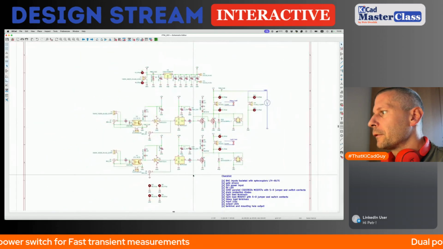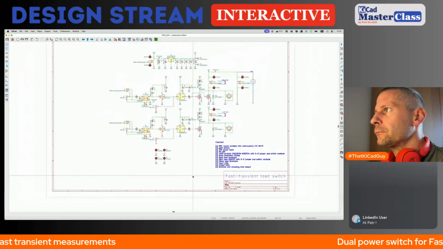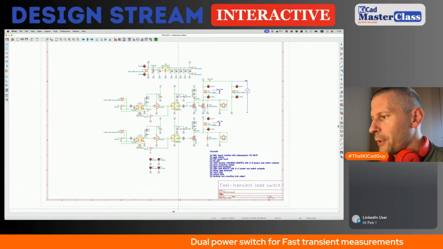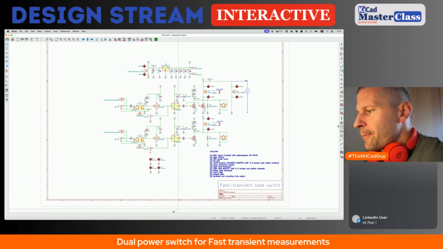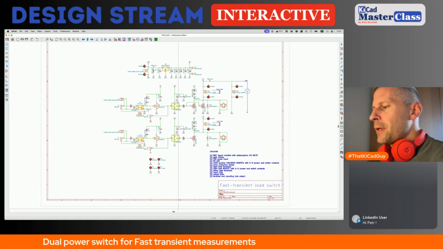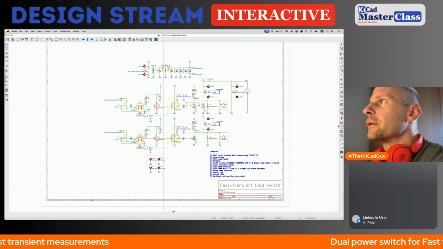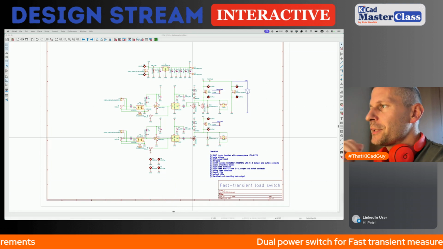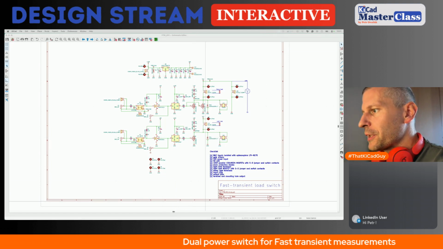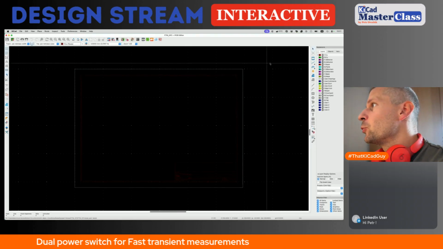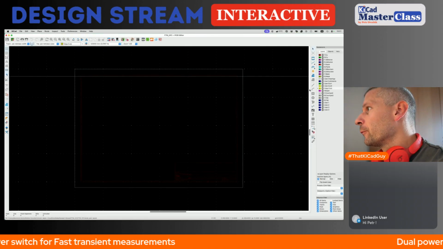Okay. So, I have a few more minutes, let's say 15 or maybe 20. So let's update the PCB. Let's start the component placement. So, as usual, I will draw.